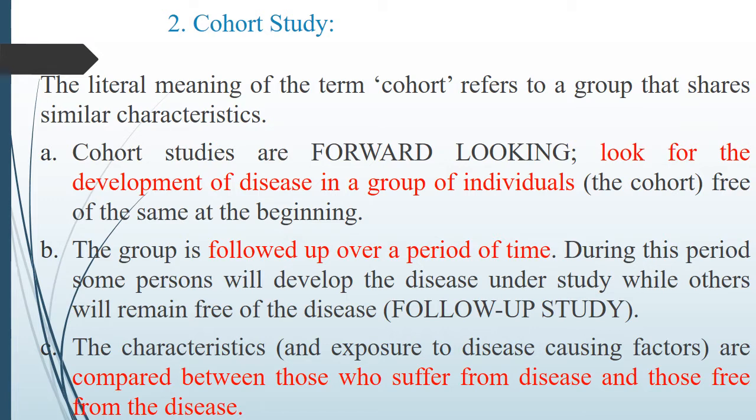So mainly this is a follow-up study. We keep on following the persons. The characteristics are compared between those who suffer from the disease and those free from disease. So we will compare those groups.